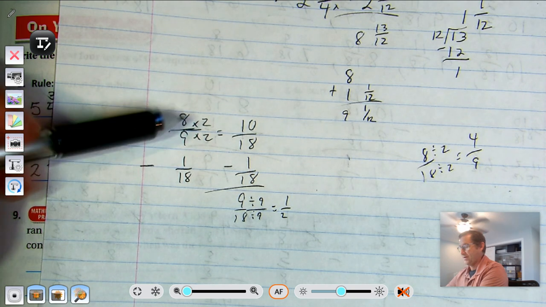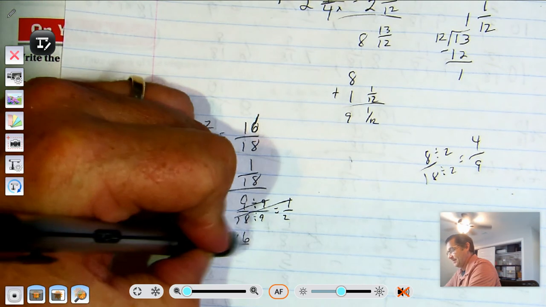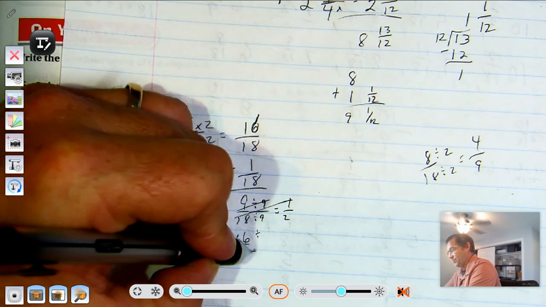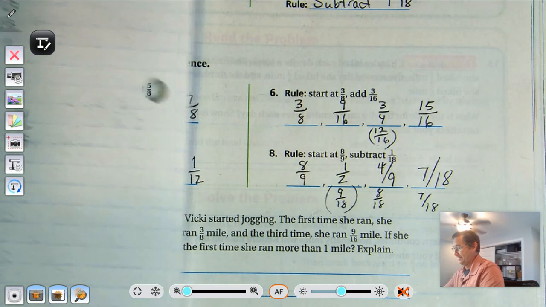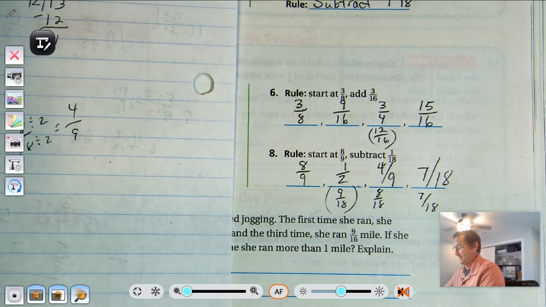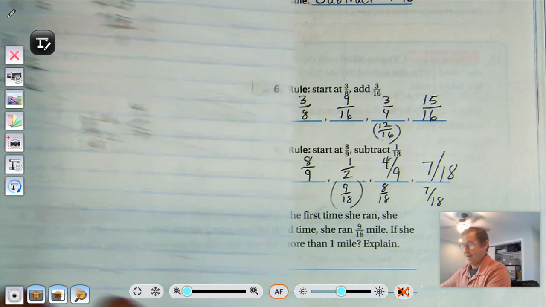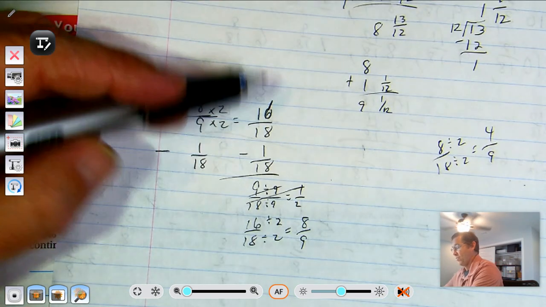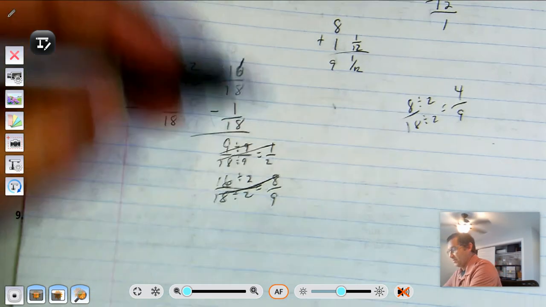So that's not going to give me the right answer. 8 times 2, that should have been 16/18. 16/18 divided by 2 is 8/9. Right? Okay, yeah. So it should have been 16/18, take away 1/18. So I want to start this problem again. Sorry, guys.